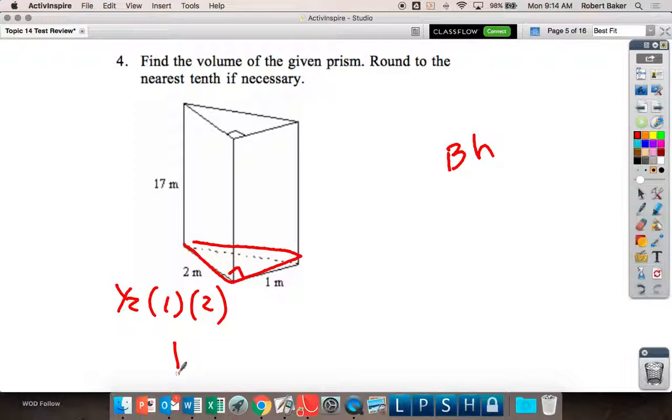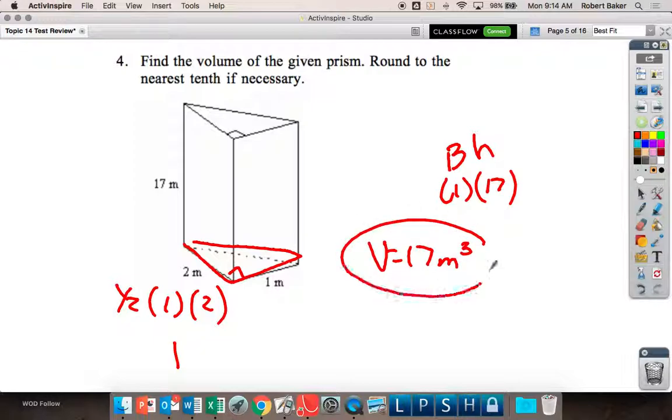So the area of the base is 1. The height is 17. 1 times 17 is 17. So the volume of this triangular prism is 17 meters cubed. So 17 cubic meters. Okay, your whole test: formula, plug, chug, calculate. Formula, plug, chug, calculate.